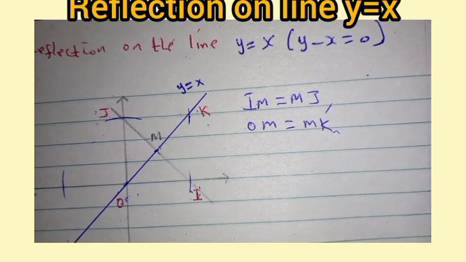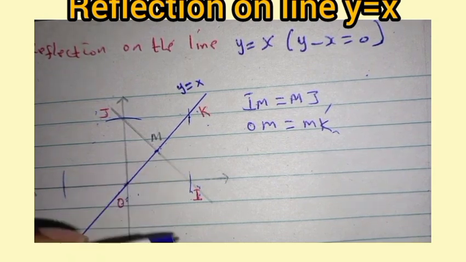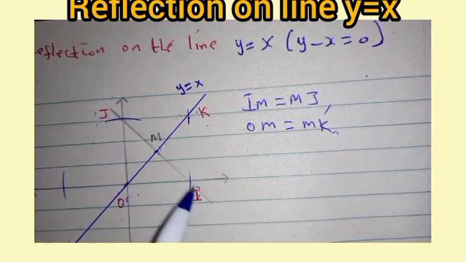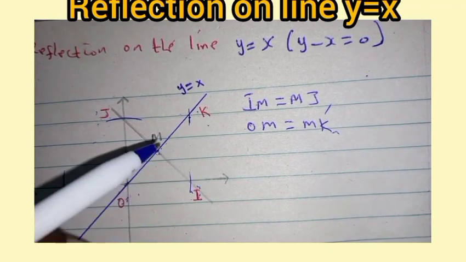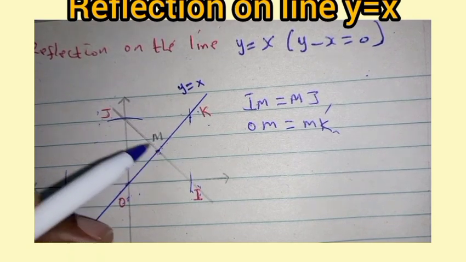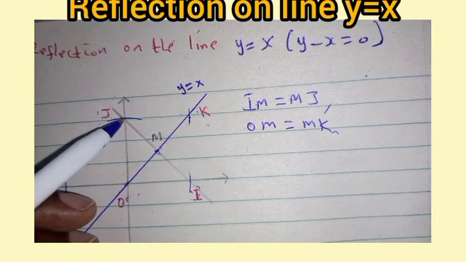So to get the image of I along this line, you measure the distance from I to the mirror line, and then the distance from the mirror line to this other side of the mirror should be equal.